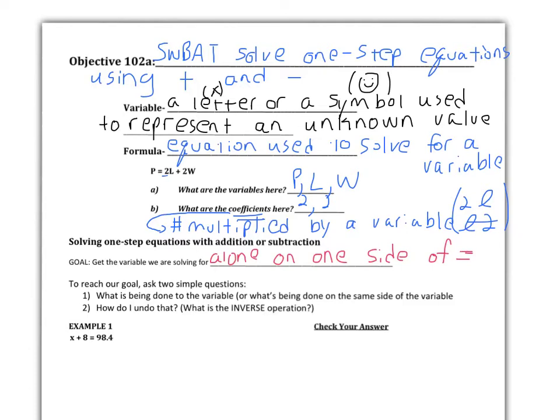That's our goal. We want that variable all by itself on one side of the equal to sign. Now, one quick note is that it's still going to have a positive hidden one. So it's a positive hidden coefficient.